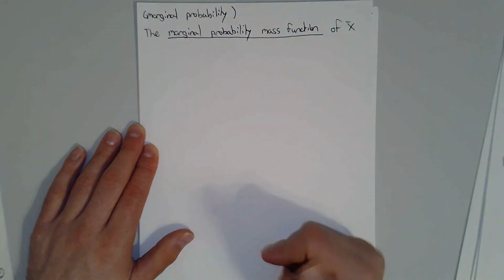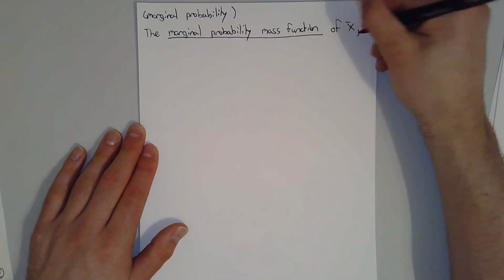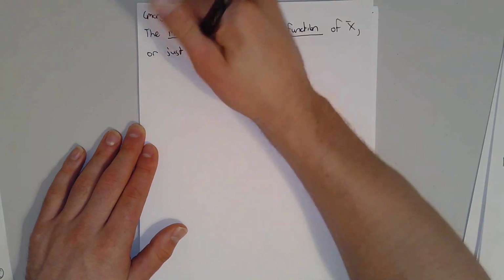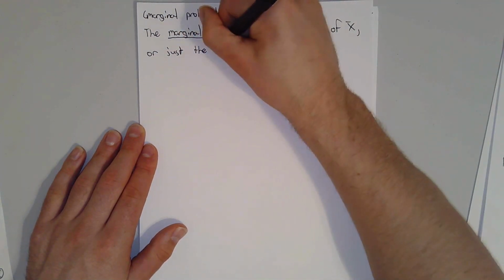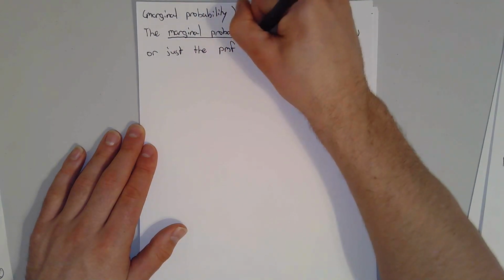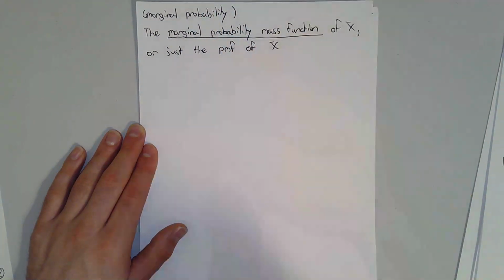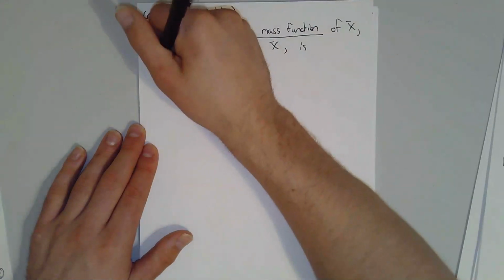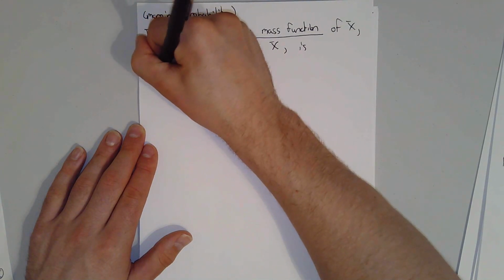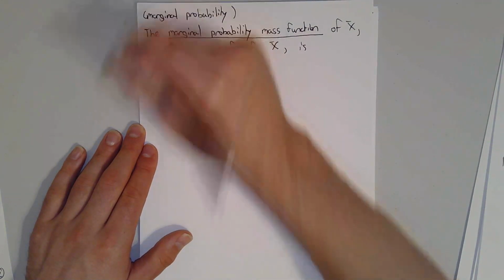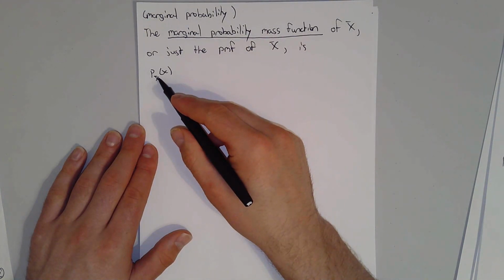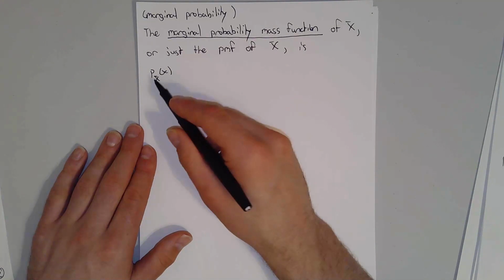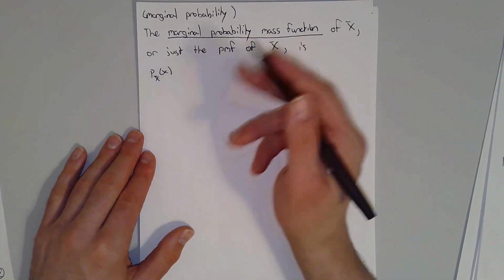So the marginal probability mass function of x, or more simply, the PMF of x, is given by, so it's still little p of x, but we put a subscript capital X here to indicate that this is the probability mass function of the random variable x, because now there's more than one random variable.